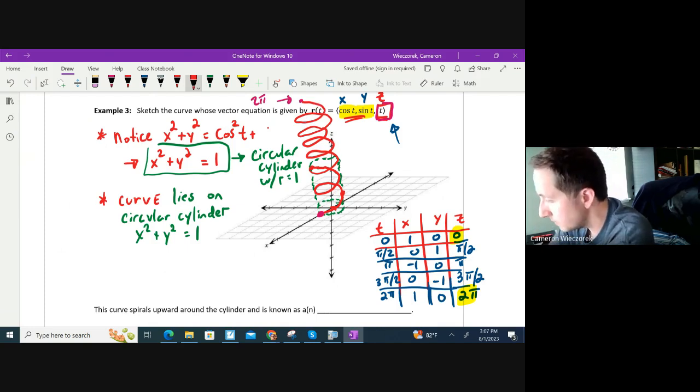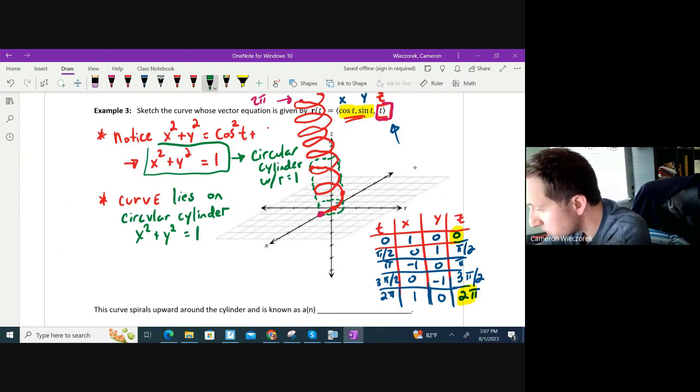Now I didn't specify that t needs to be between 0 and 2 pi, so this would just continue to grow and grow forever and ever. And we specified the direction, so I'm going to do that in a different color. Let's do that in blue. So this is continuing to move as time increases. This is my space curve, and it lies on this circular cylinder, which also keeps growing, right, up and down forever.